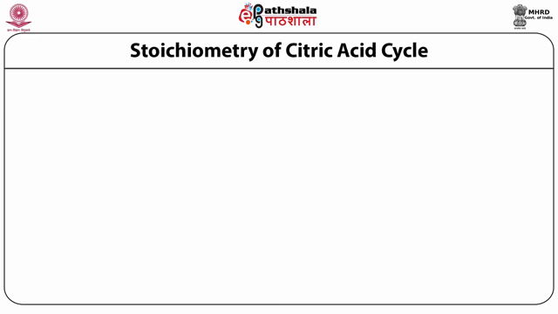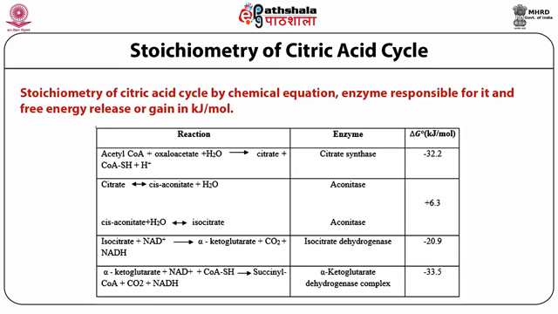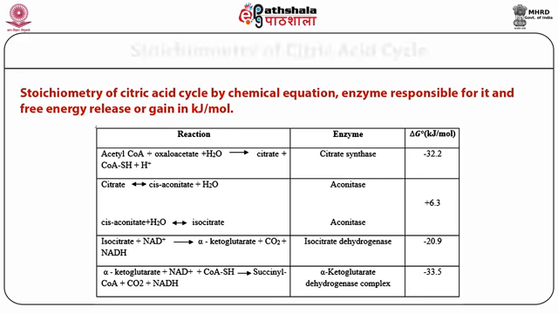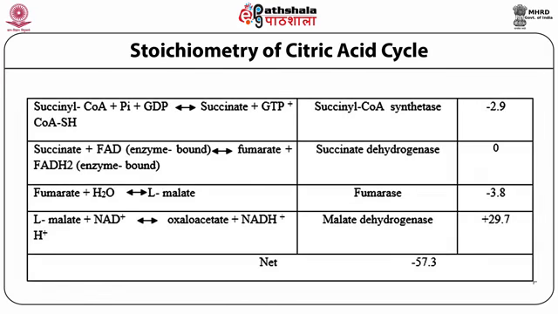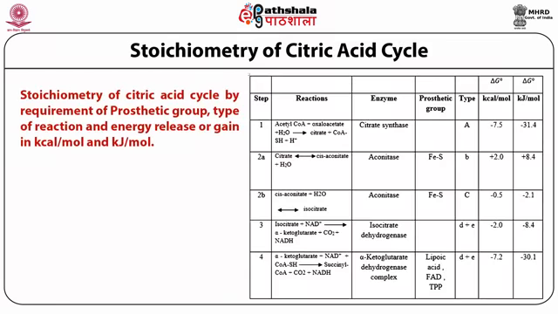The table explains the stoichiometry of the TCA cycle by chemical equation, the different enzymes involved, and the free energy release or gain in kilojoules per mole. The table shows the net free energy changes during the citric acid cycle. This table explains the different types of enzymes and prosthetic groups required during the TCA cycle, the reactions, and the energy released or gained in kilojoules per mole.